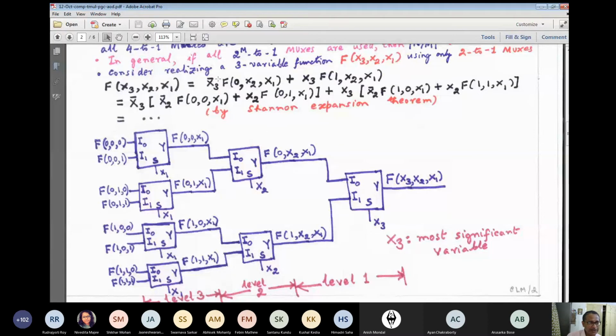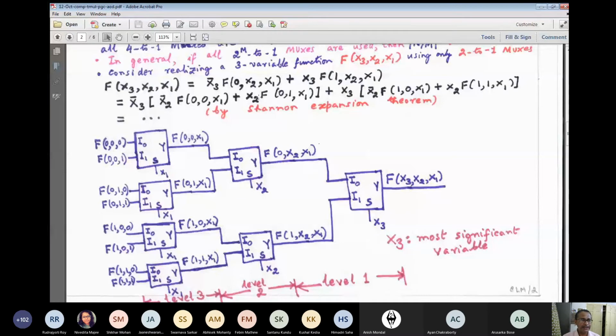That means first time you take out x3, this is taken care of by these 2 to 1 multiplexer. So where x3 is connected to the select input of the 2 to 1 multiplexer, y is the output. At the output point, you get the final function, and at the two inputs, I0 will be propagated to the output when x3 takes up the value 0, and I1 will be propagated to the output y when the select function s takes the value 1, right?